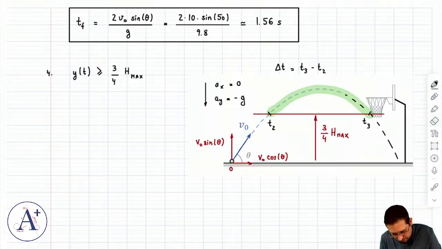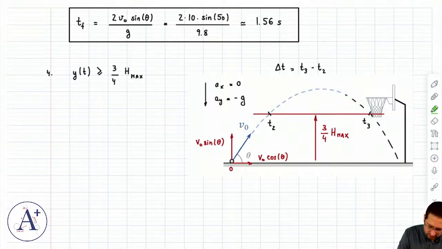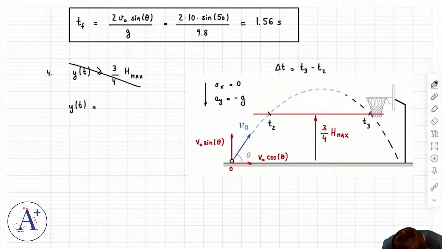That's the amount of time he's going to spend traveling above 3/4 of h max. So what I have to find are T2 and T3. So instead of solving this, I'm just going to solve y of t is equal to 3/4 of h max.